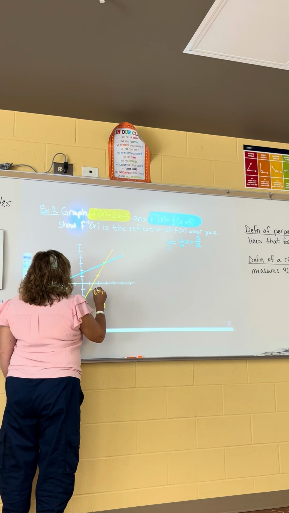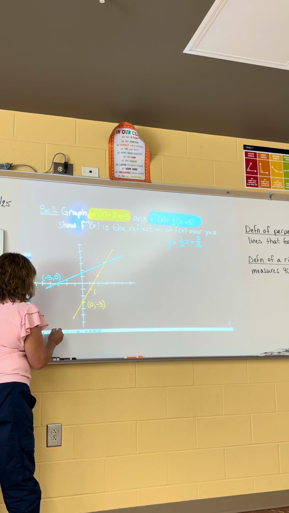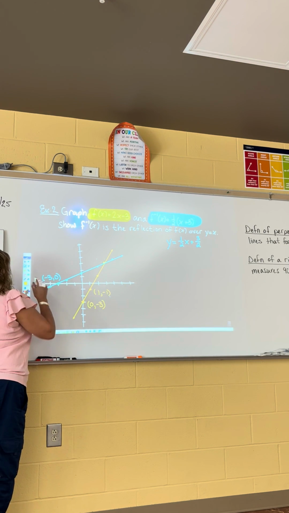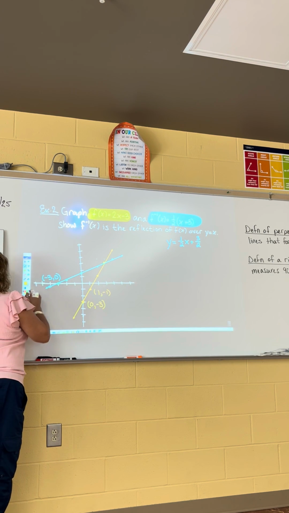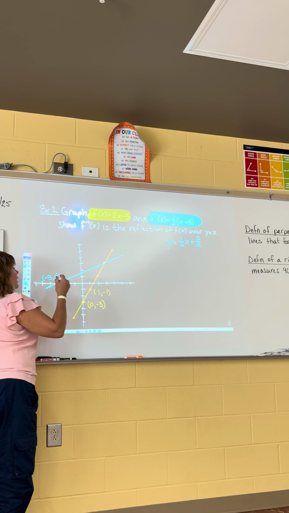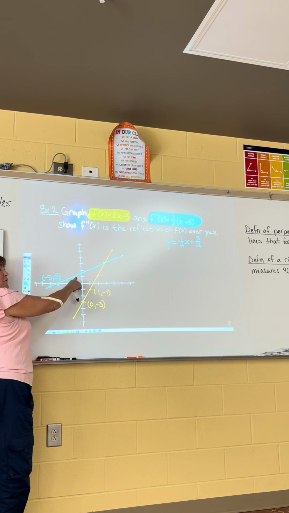Okay, let's pick -1, 1. Oh no, that's 1, -1. Is 1, -1 on your, or sorry, -1, 1 on your graph? I'm a little off, but I'm not too bad.